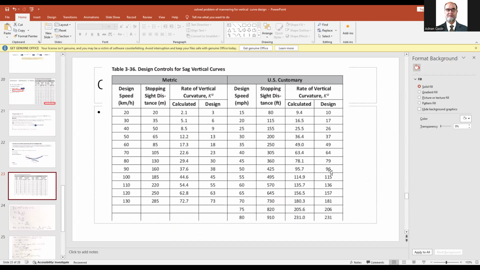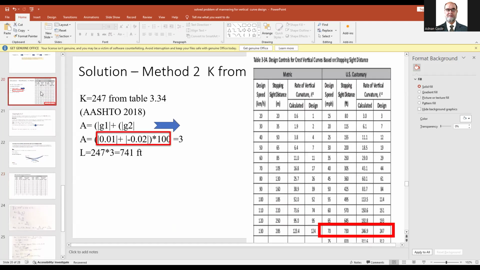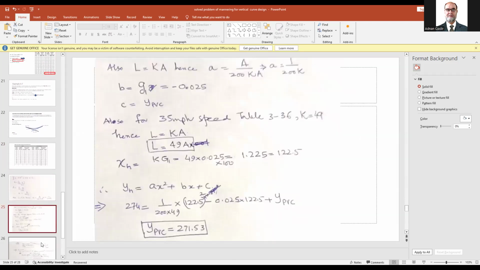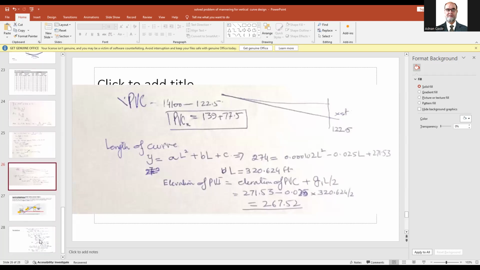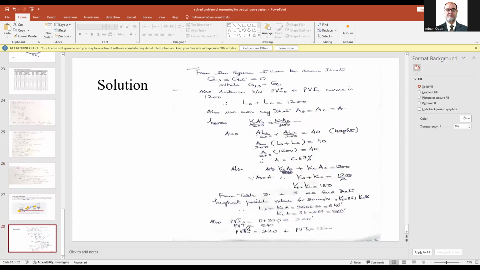For instance, we have 50 miles per hour, K is 96. And for the crest curve for 50 miles per hour, it's 84. So when I add 96 and 84, I'll get the value of 180. And that's what we have.